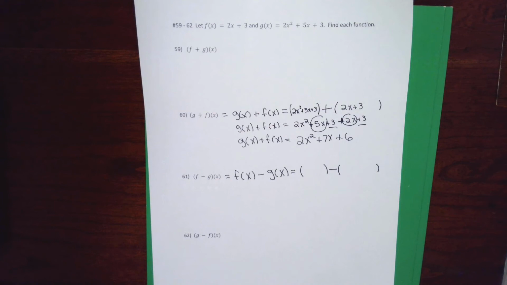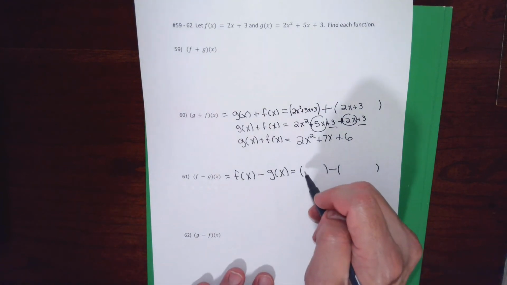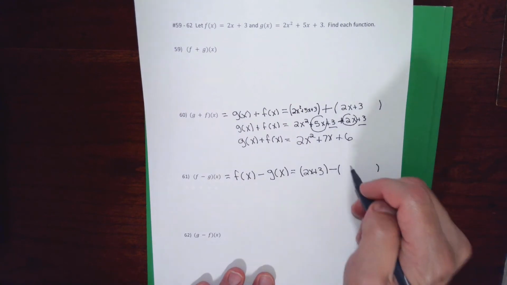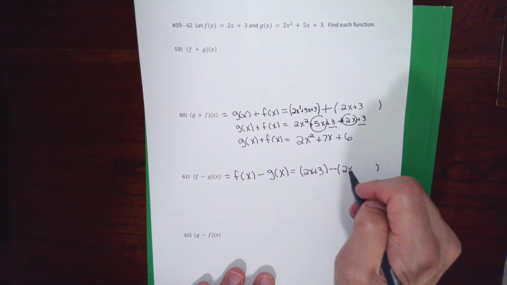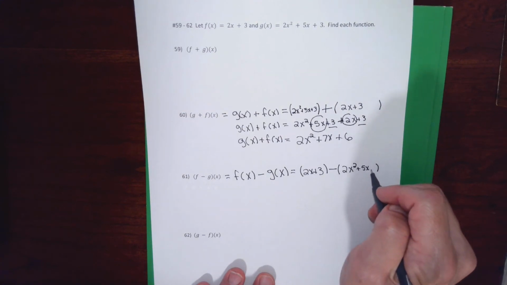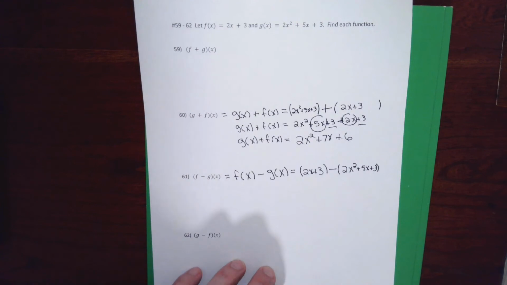In the first parentheses, I'm going to plug 2x plus 3 because that's what f is equal to in this problem. In the second parentheses, I'm going to put 2x squared plus 5x plus 3 because that's what g is equal to in this problem.